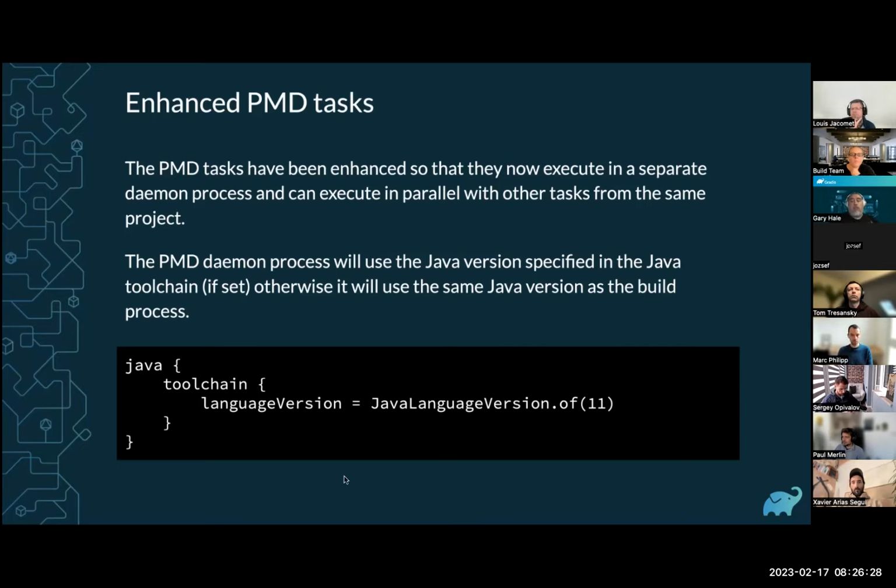So it'll automatically align the PMD process with the version of Java that you're using for compilation and testing and such. So it's one more stumbling block that you won't have to worry about now, because all of those things are aligned, as opposed to, previously, if the build tool process was maybe running in a different JDK version or Java version, you could potentially have conflicts there.